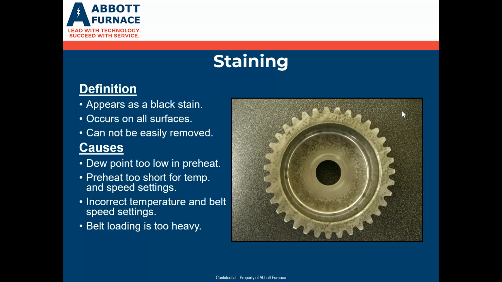And what happens is it gets pulled to the surface, and without the atmosphere there to remove it, it gets to a higher temperature and it just decomposes right into soot. It just goes into a solid form on the surface of the part. If you look at that very closely, you'll see that they almost look like droplets.